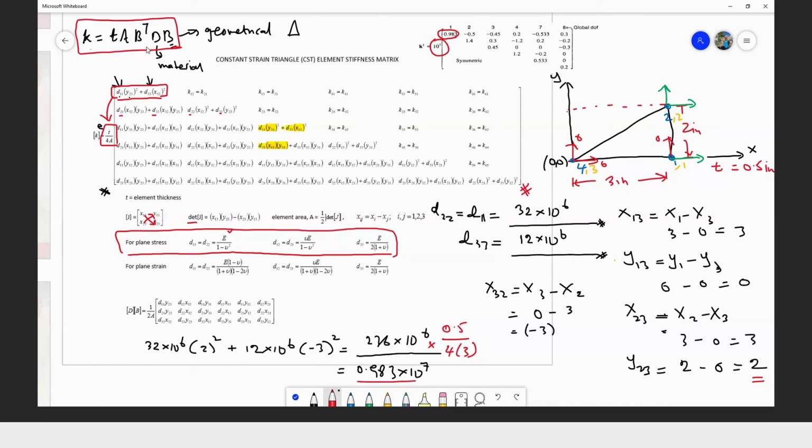If you wish to solve this following this step, you still can solve it. You still get the same results, but I think it will take you more than 5 minutes to get the solution for the K just for one element.